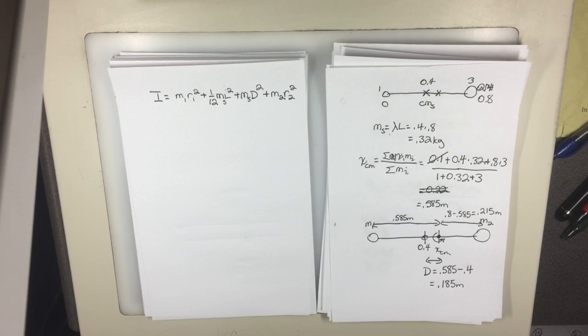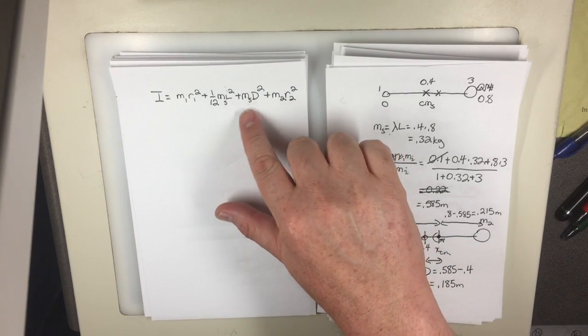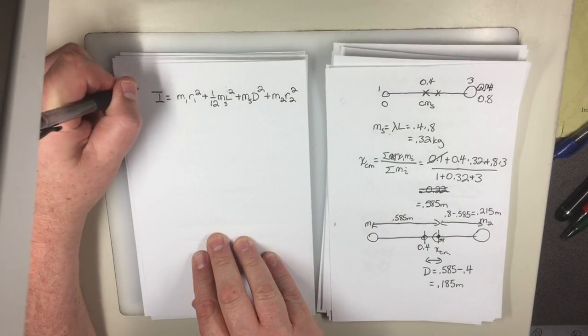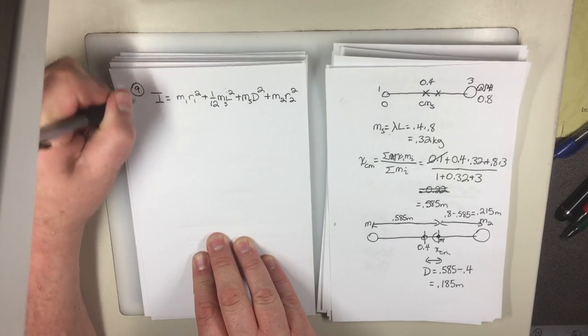Plug and chug. So in this particular case of number 9, you do have to use the parallel axis theorem, because the rotation point is not at the center of mass of the stick. Therefore, you have to add that term. So for number 9, it's like this.